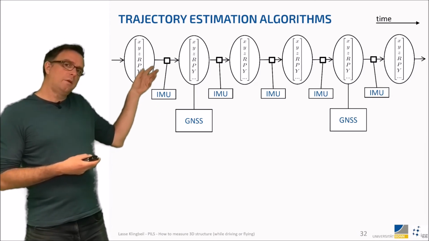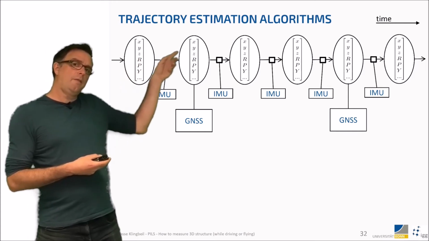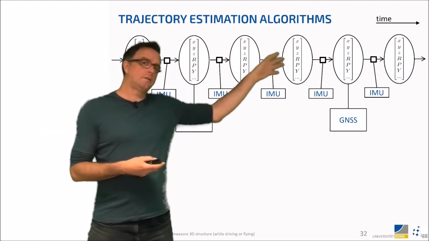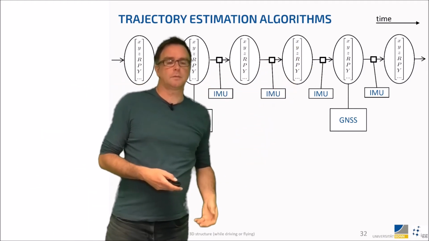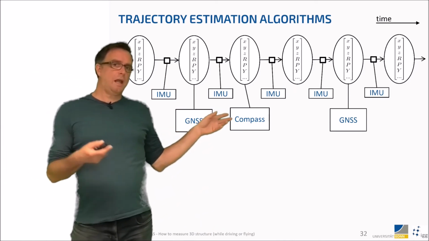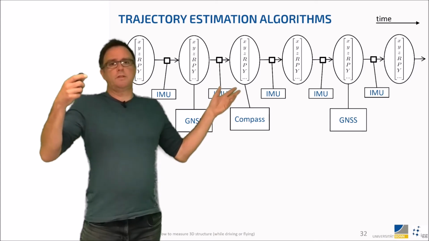So they give us some information about the relation between this time and this time. And this we have between all the different states that we want to estimate. And then there is maybe another sensor which gives us an angle towards north, maybe a compass, which comes once per second, for example.